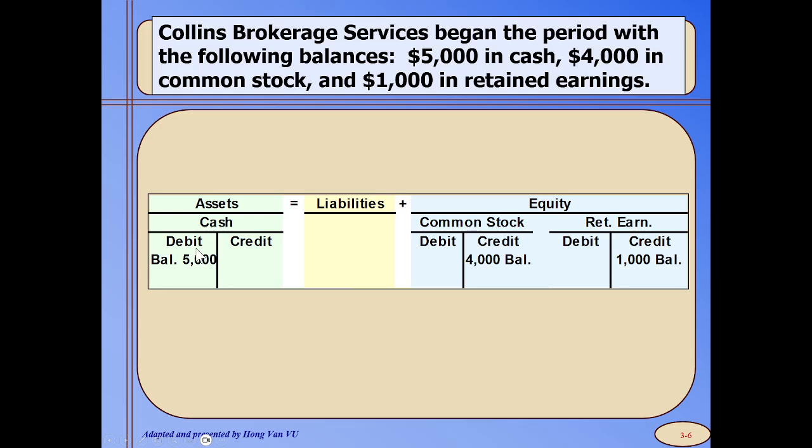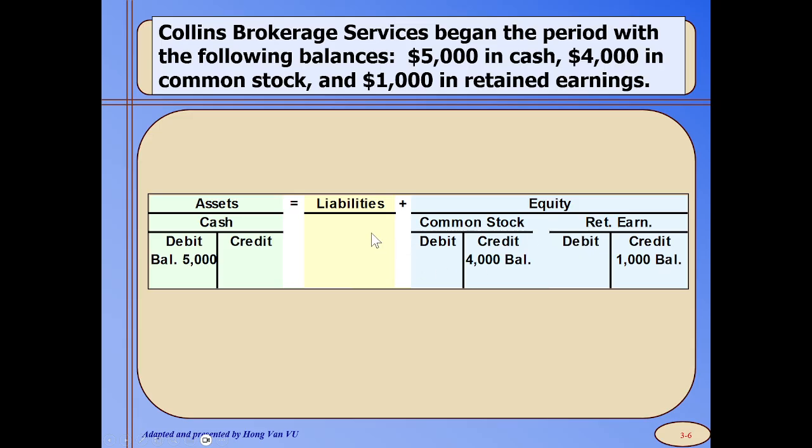We mentioned that debit increases asset accounts, so we have a balance of 5,000 on the debit side. For common stock, credit increases liability and stockholders' equity accounts. So we have a credit on common stock of 4,000 and a credit of 1,000 on retained earnings here.